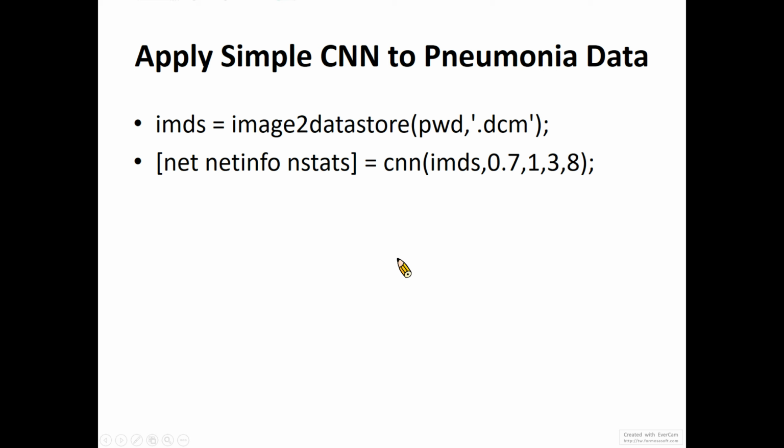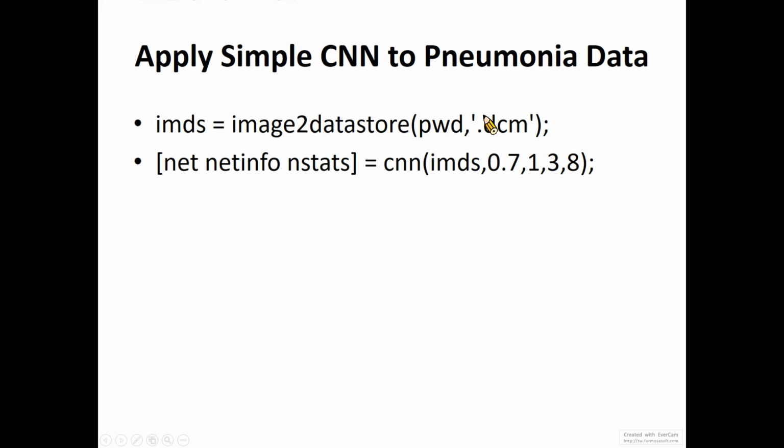So remember in last week's tutorial we applied the simple CNN to the pathology data, and in that data we have the data format as PNG files. I have provided a simple CNN code, so you just need to specify the image data store, and you can use the CNN functions to train your neural network.